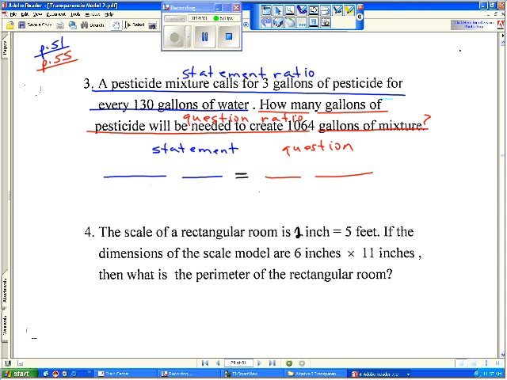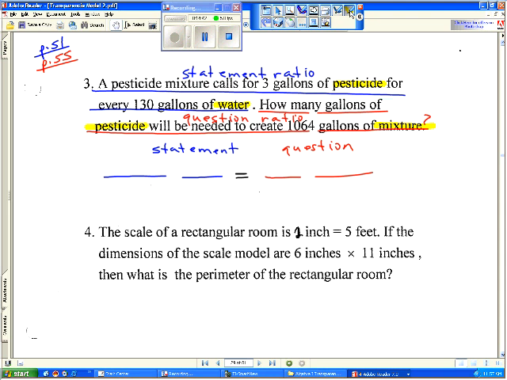Now, what was the statement comparing? Pesticide to water. What was the question comparing? Pesticide to mixture. They're not the same, so it's not a proportion until we make them the same.